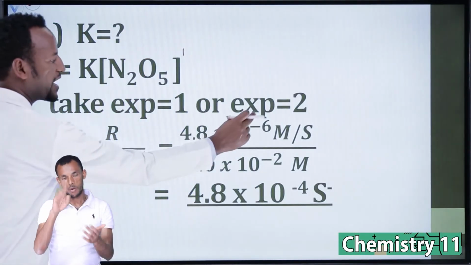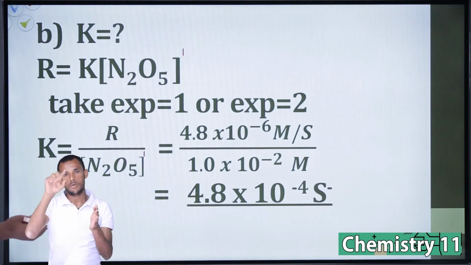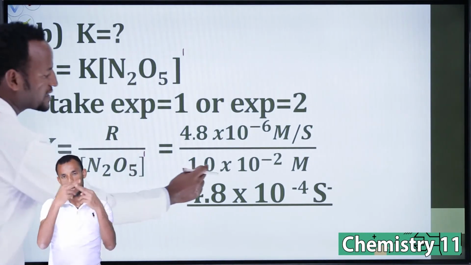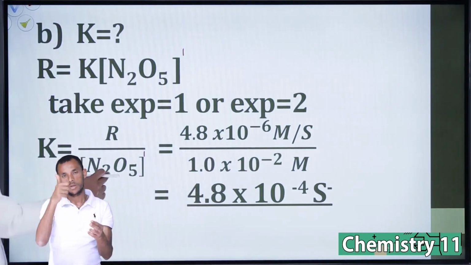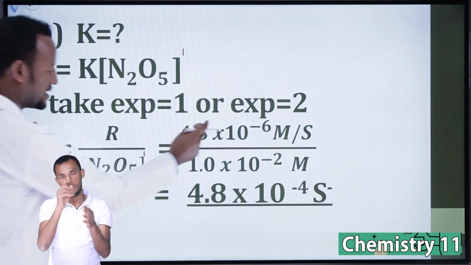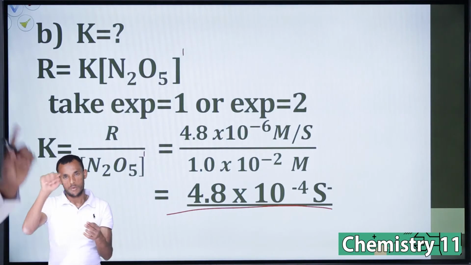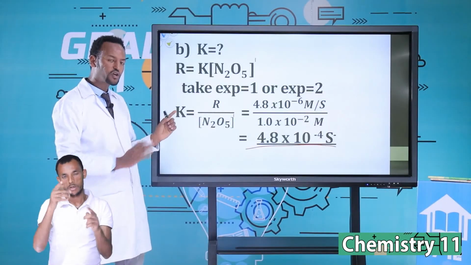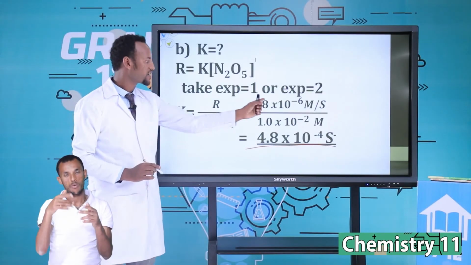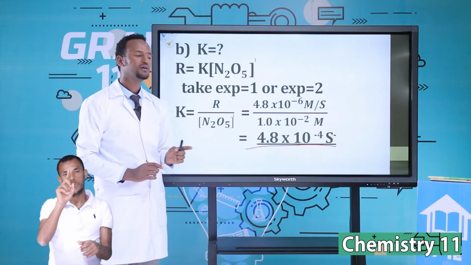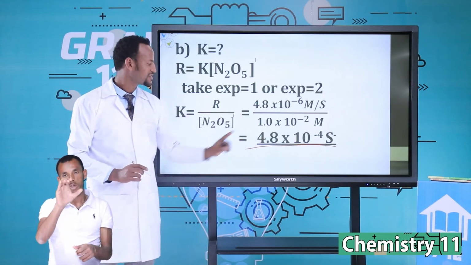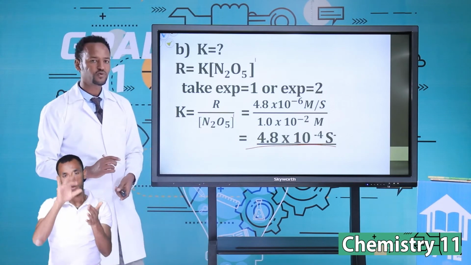4.8 times 10 raised to minus 6. Which one? Rate 1, divided by 1 times 10 raised to minus 2, concentration 1. This is 4.8 times 10 raised to minus 4. Because K is constant, R1 over C1 or R2 over C2 gives 4.8 times 10 raised to minus 4.